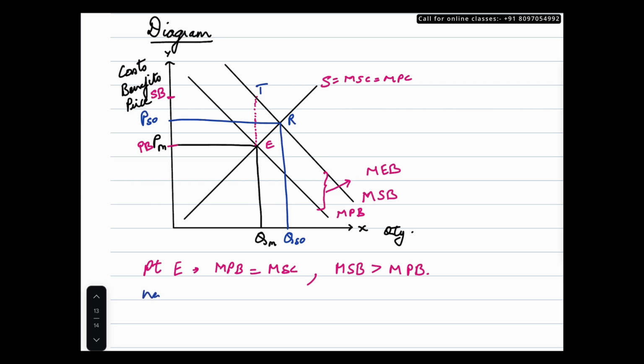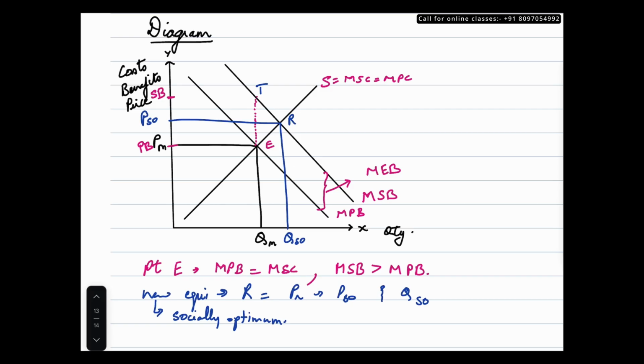So, what is the new equilibrium? New equilibrium is at R, price is at PSO and quantity is at QSO. Now, SO stands for socially optimum. So, new equilibrium is socially optimum.